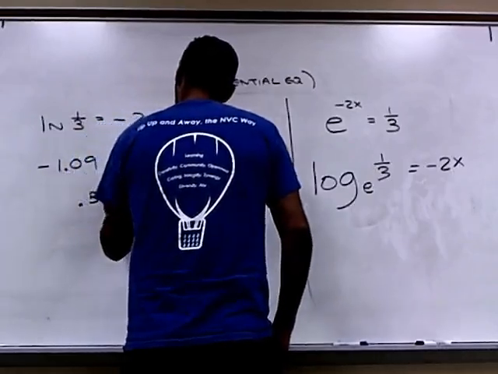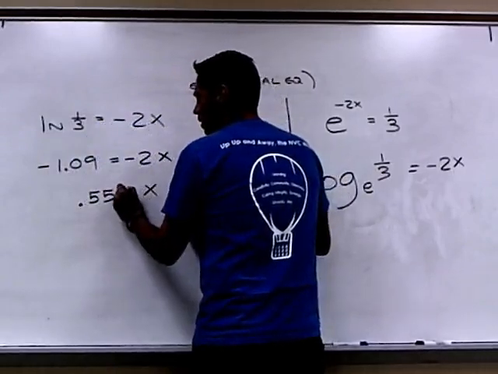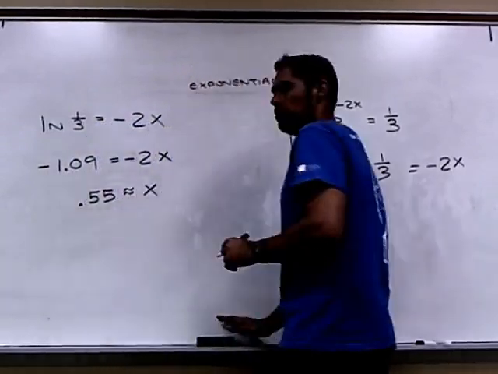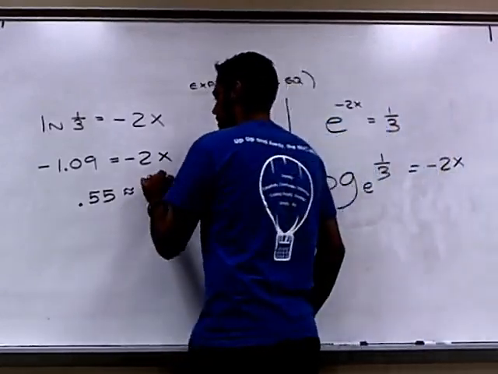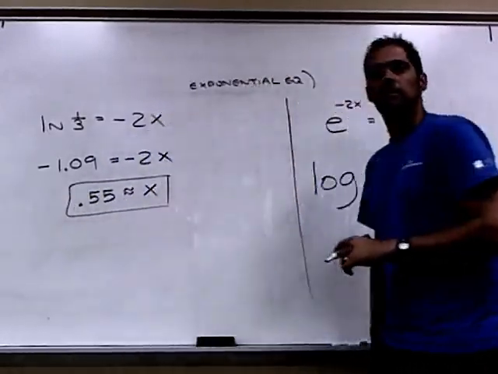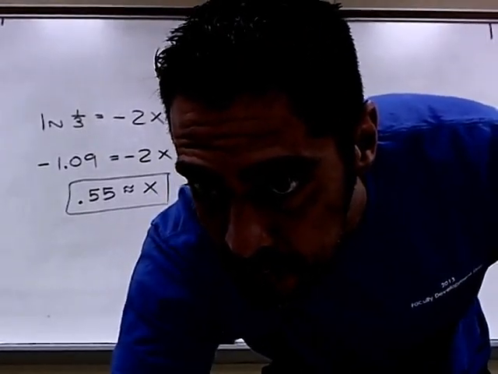Approximately. You can put equals, I won't take off, but we are actually squiggly equal because it is an approximation, but close enough. All right? What do you think about that? Fun?